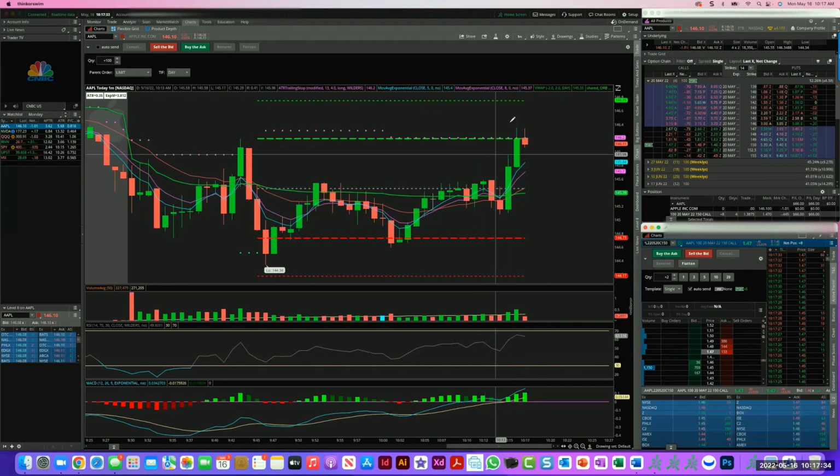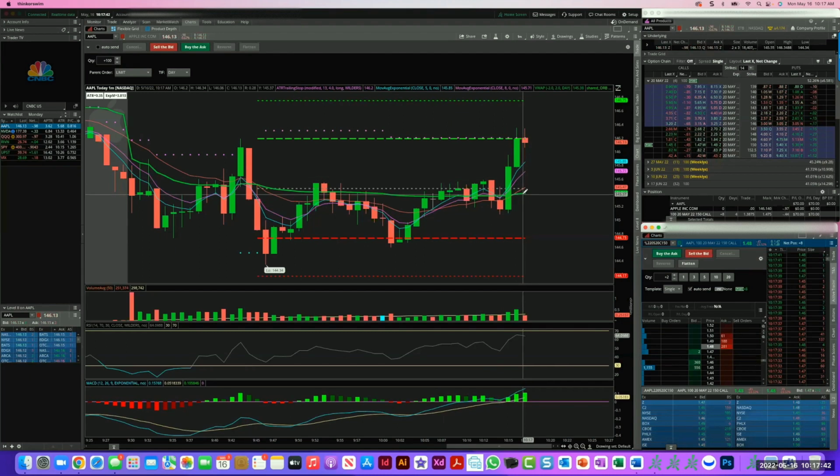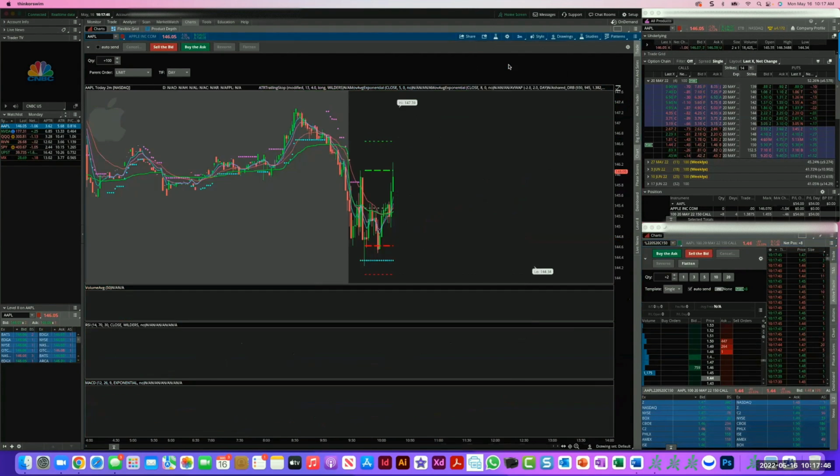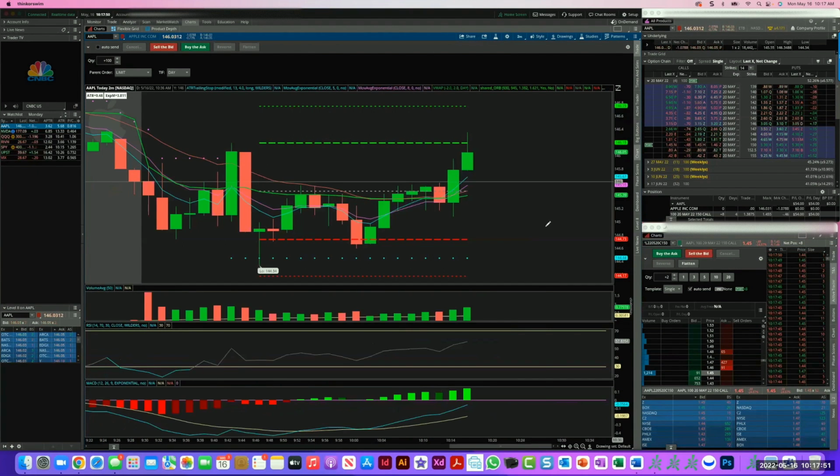We're in a 1 minute chart, and we're above support. Our EMAs are lined up properly. They're above the VWAP. Let's see if we have the same on the 2 minute chart. The 2 minute chart, we have the same.